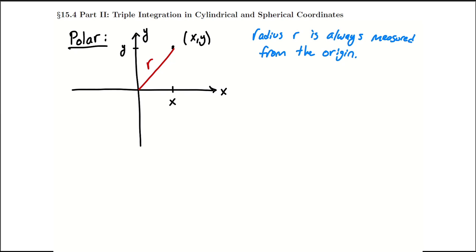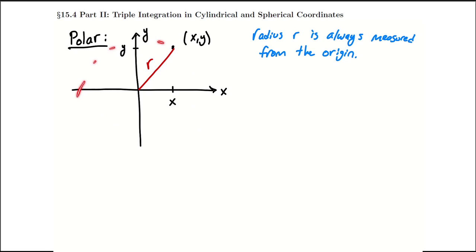As soon as you set the radius, that doesn't fully tell you everything. Because if we just know the distance from the origin, really that could be any one of these points, a whole circle's worth of points.